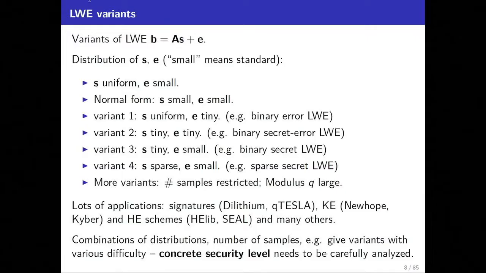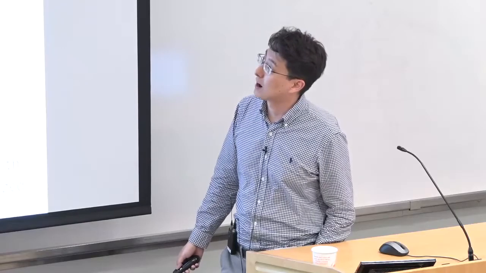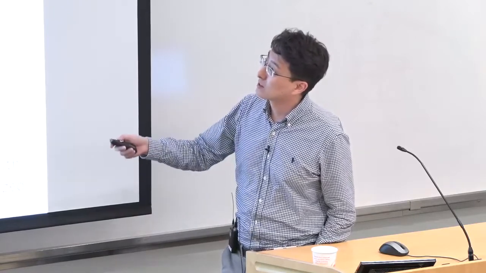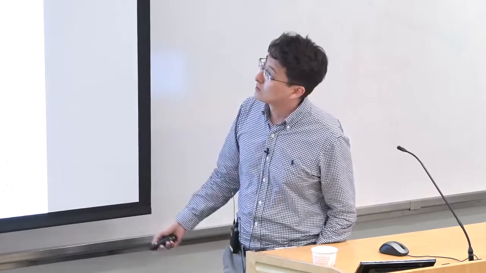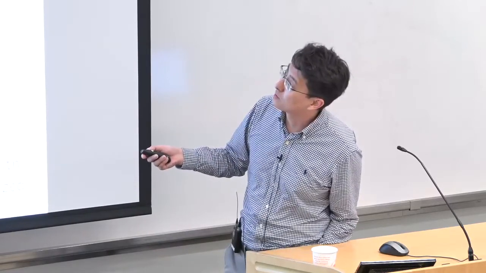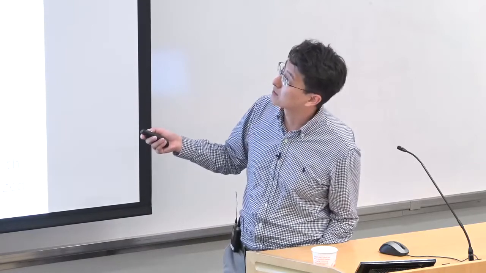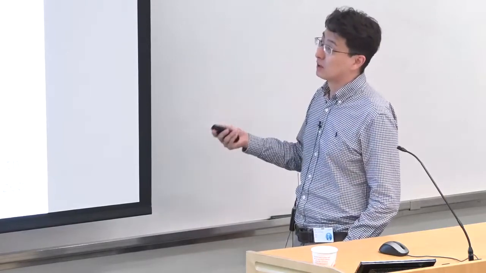Okay. Variants of LWE. As mentioned, in order to enable more functionalities for cryptographic schemes built on LWE, we're going to choose the distributions of S and E from a variety of choices. The textbook one is to choose S to be uniform and E to be small. Small here means a Gaussian distribution of standard deviation, not too small.